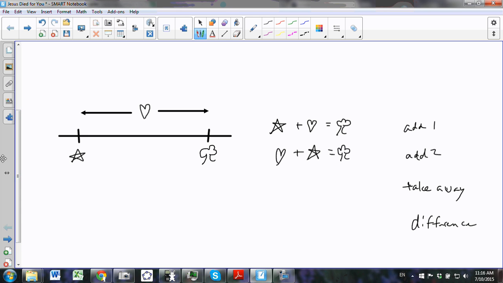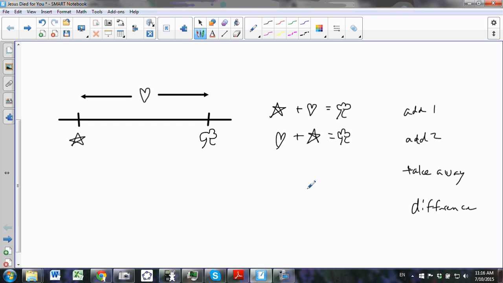That's looking less and less like a tree. Takeaway. Oh, takeaway. You start with the bigger number, which is tree. And what's being taken away? We take away heart, however much that is. And what we end up with is star down here.